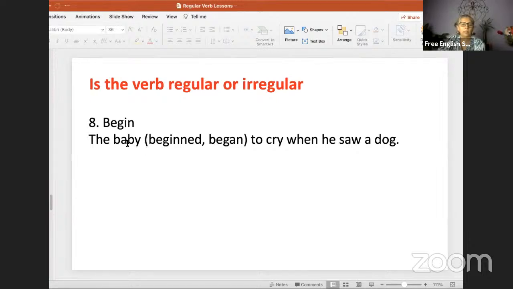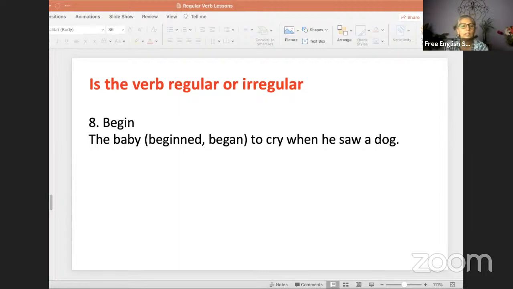The baby began to cry when he saw a dog. Or baby began to cry when he saw a dog. So what do you think? What is the right one? Is the verb a regular verb or irregular verb?